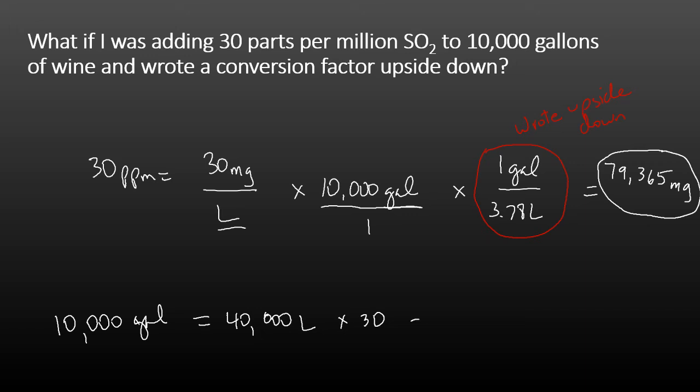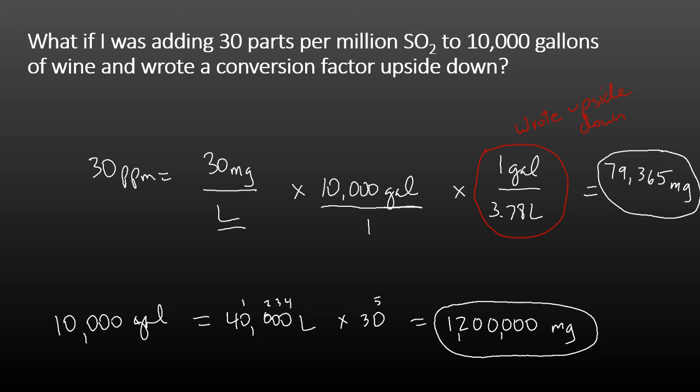I've got 1, 2, 3, 4, 5 zeros, and 4 times 3 is 12. So let's do 12 plus 5 zeros. Now that works out to 1,200,000 milligrams. That's my ballpark big picture. My big picture test said I should have 1.2 million milligrams. I've got 79,000 milligrams.